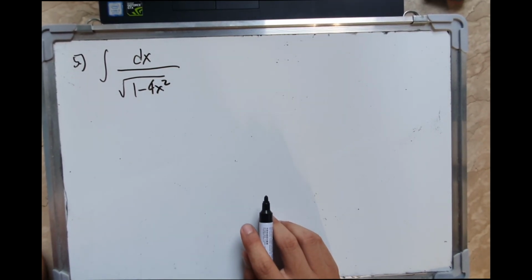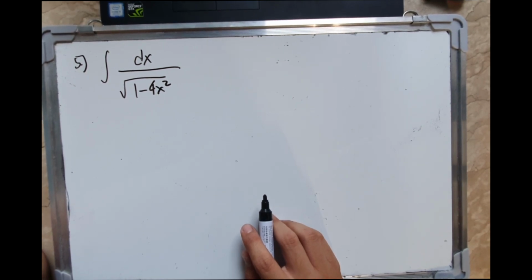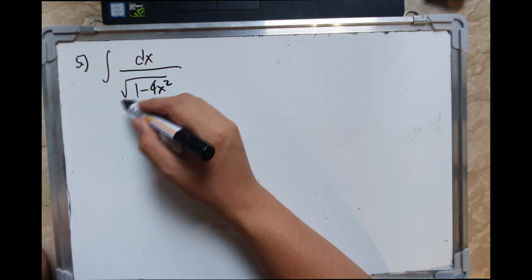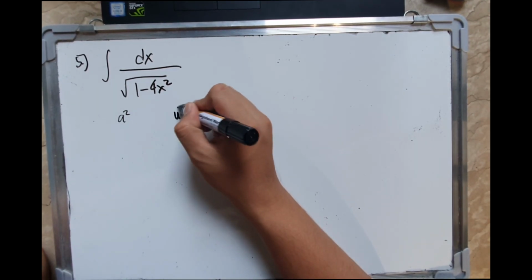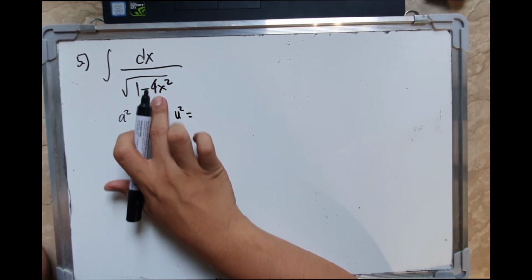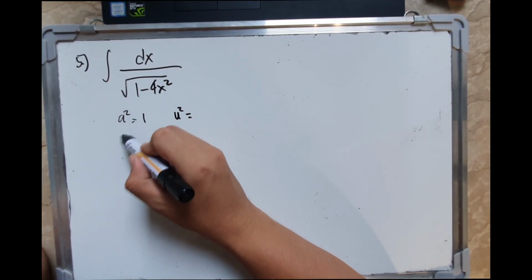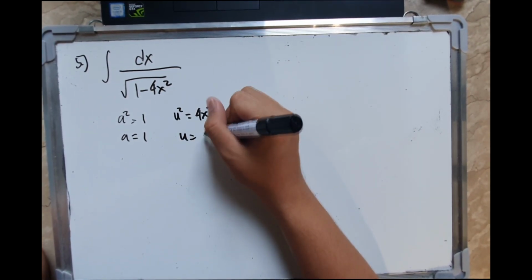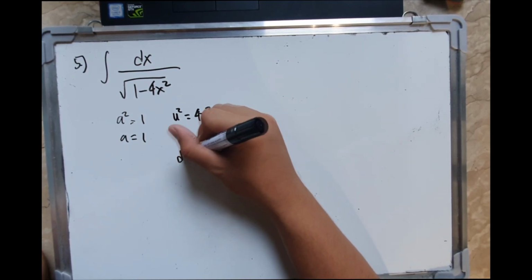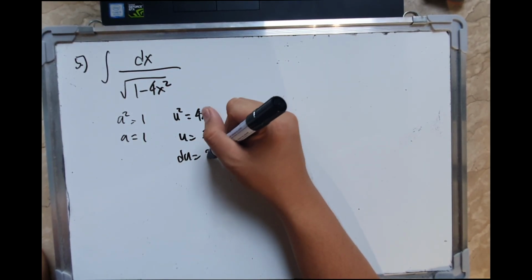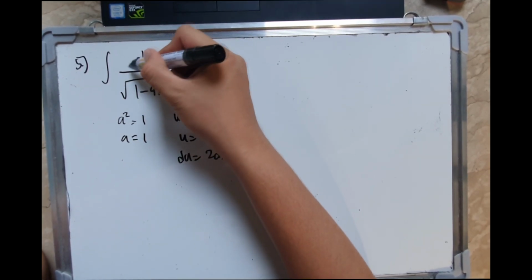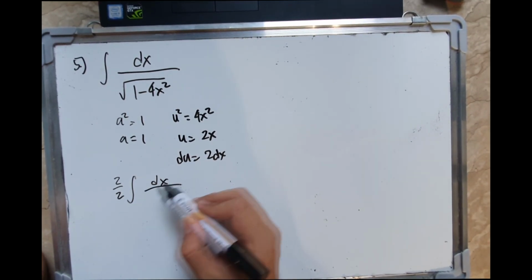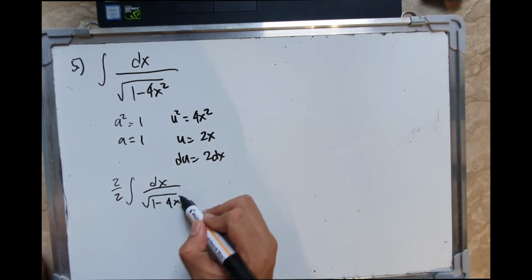Now let's have another example, number 5, dx over the square root of 1 minus 4x squared. We can now obviously assign values of the a squared and u squared. Since this is just two terms, the a squared is obviously 1, therefore a is 1. The u squared is 4x squared, and the u will be 2x. How about the du? The derivative of 2x is 2 dx. We will be needing 2 here. Correcting this by multiplying 2 over 2, the integral of dx over the square root of 1 minus 4x squared.